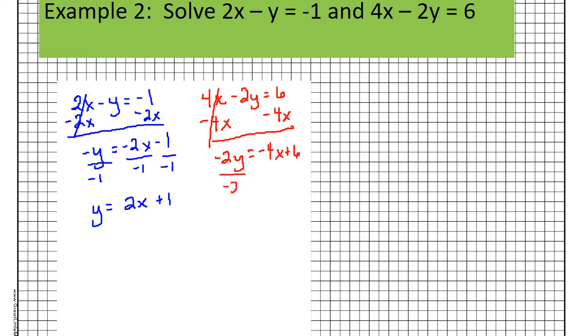We need to divide everything by negative 2. So the negative 2's cancel out. That gives us y equals a positive 2x minus 3. All right, and then you would go ahead and start graphing these.